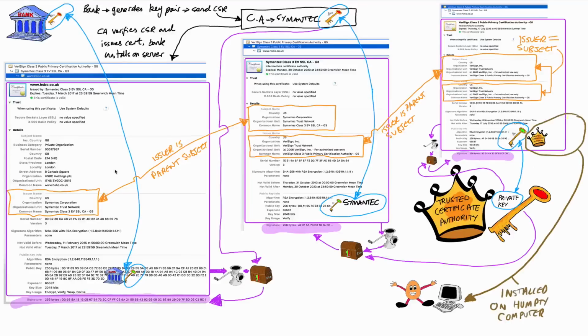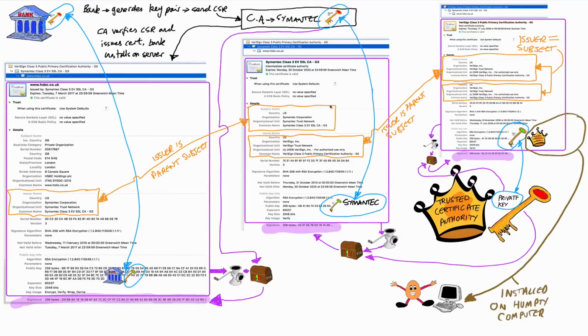But it doesn't end there, because this browser does not implicitly trust this Symantec certificate. It doesn't have this one embedded into its trusted key store of golden, totally trustworthy, well-known certificates. So it needs to also validate this one before it can ultimately give the thumbs up to Humpty saying, go ahead, enter your account details and knock yourself out, do whatever you want.